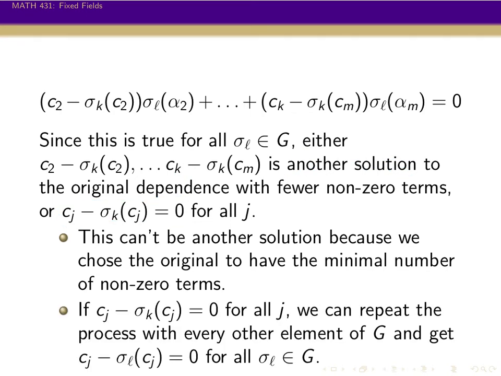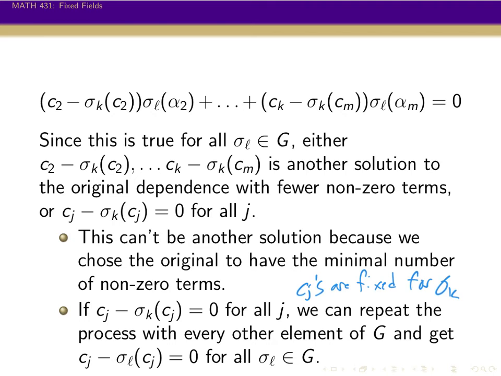Okay, so if Cj minus sigma k of Cj is equal to 0 for all j, that means that the Cj's are fixed by sigma k. And if you remember how we picked sigma k, we just picked it to be some element of the group that wasn't the identity.